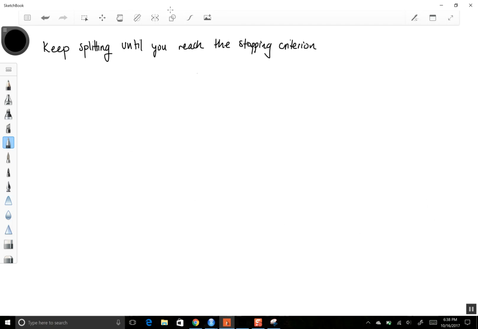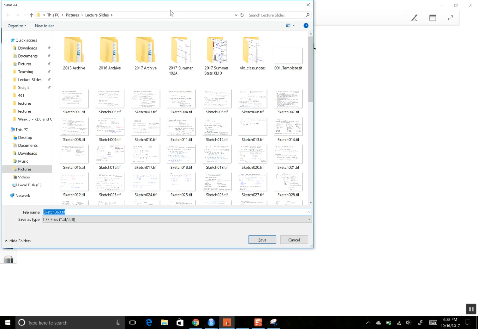Okay, and these are examples: maximum tree depth, or minimum partition size. Okay, and so you reach that, and then you stop.